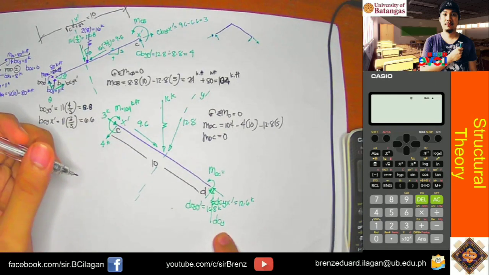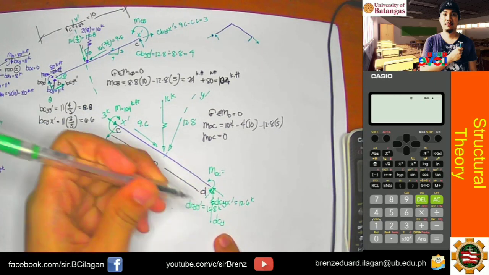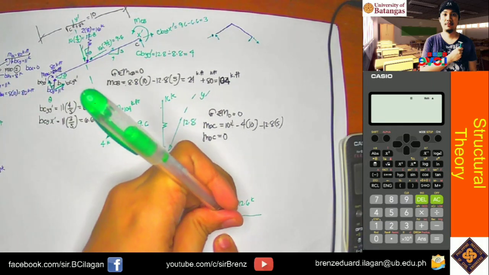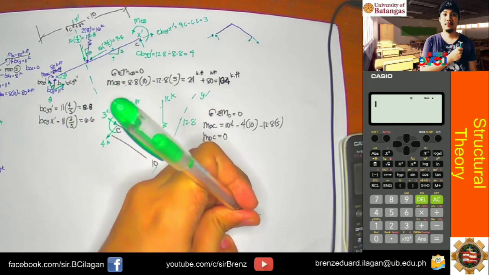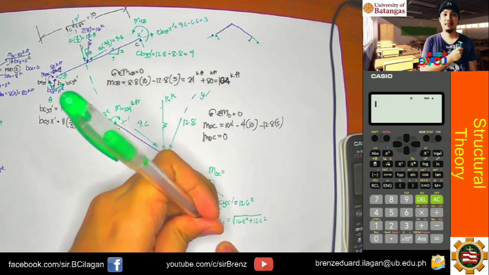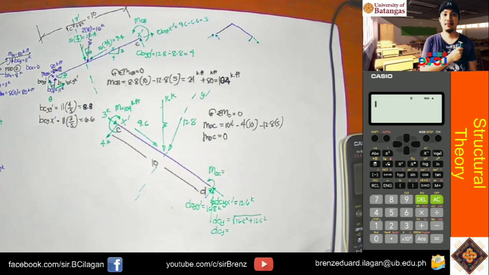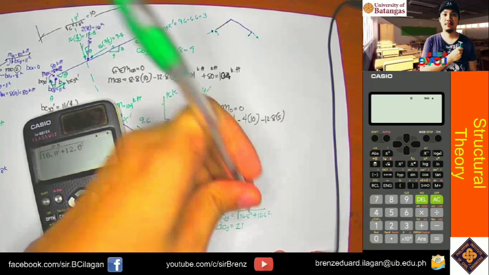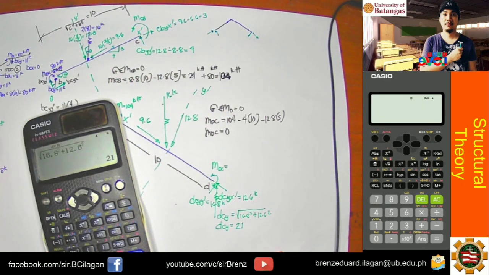Para makuha yung DCY na yan, since dalawang component lang nito, parang Pythagorean lang din. So 16.8 squared plus 12.6 squared. So that DCY is equivalent to 21. And if you're going to check it, so that is 21.